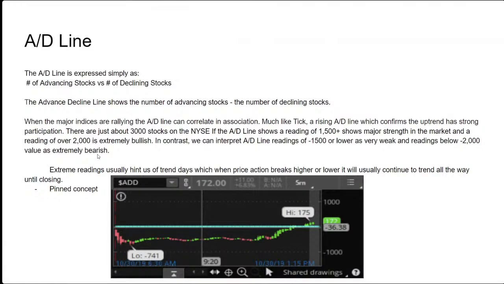For example, if we're plus 500, that shows that we have 500 more stocks that are net positive than negative. And if we're negative 500, that shows that we're 500 net negative than positive. So it's just simply expressed as the number of advancing stocks versus the number of declining stocks.